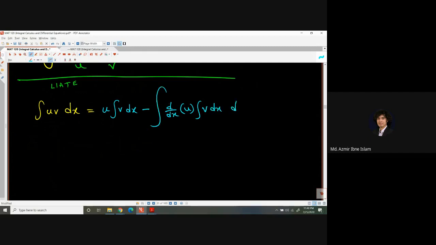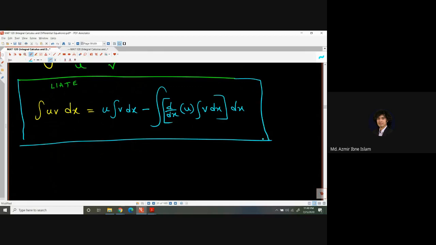So this is called the formula for integration by parts. If we have the integration of uv dx, then it is u integration of v minus the integral of differentiation of u times integration of v, with the total part under the integral.